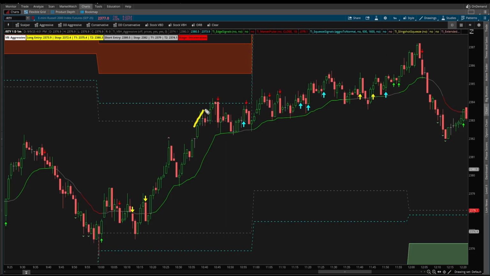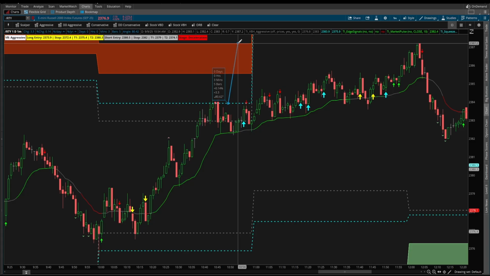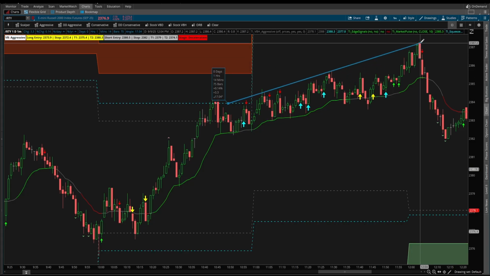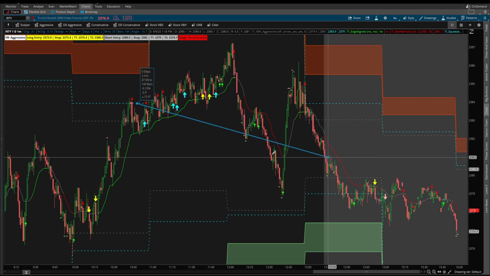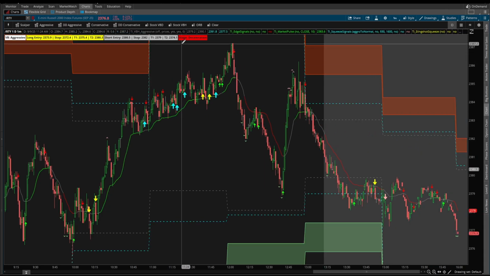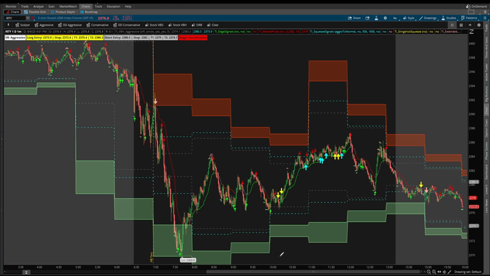Same idea, looking for a breach of the cyan entry line, along with the edge signal confirmation. We get both of those inside of the Russell. The risk on the particular trade inside of the Russell was 3.3 points worth of risk. And inside of the Russell, we went all the way up to essentially the stop before then seeing the Russell reverse. This hit my stop here, so the long was the winner, the short was the loser inside of the Russell here.